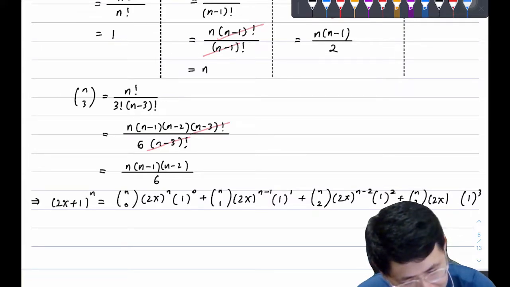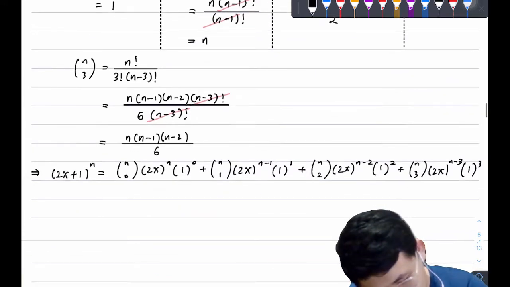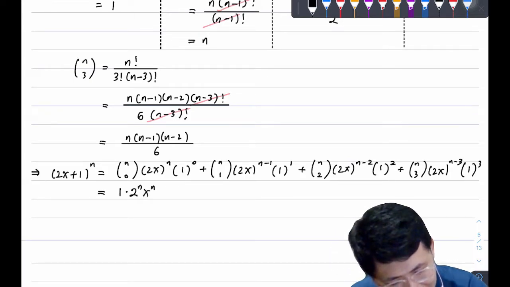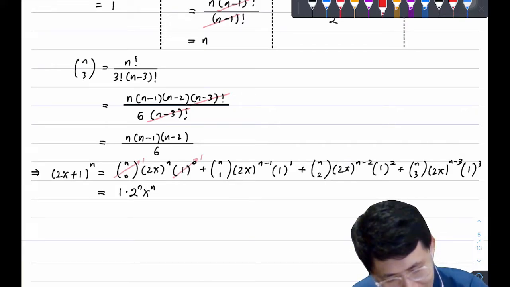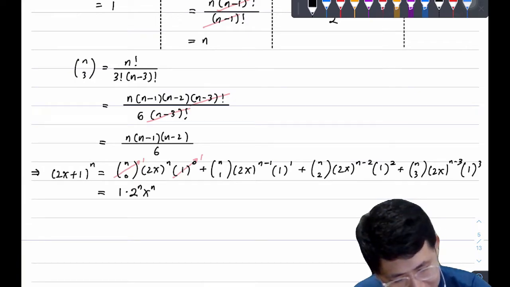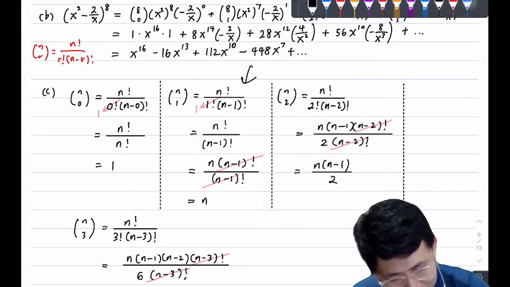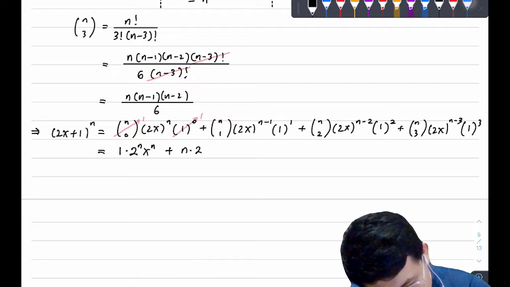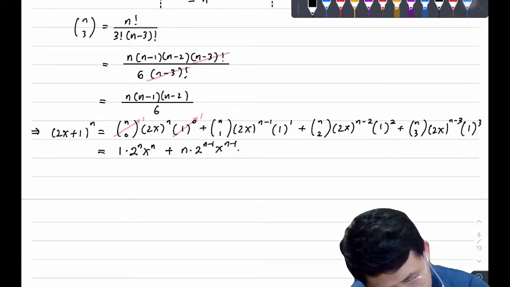Now it's time to put all these n choose somethings into the formula. Over here, n choose 0 is 1. We have times 2 to the power of n times x to the power of n, and 1 to the power of 0 is just 1. The next one: what is n choose 1? From the results above, n choose 1 is n. So this would be n times 2 to the power of n minus 1 times x to the power of n minus 1 times 1.